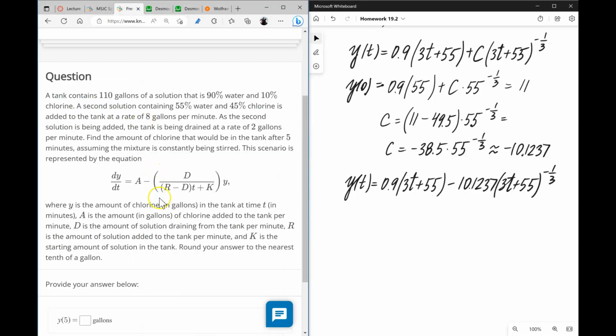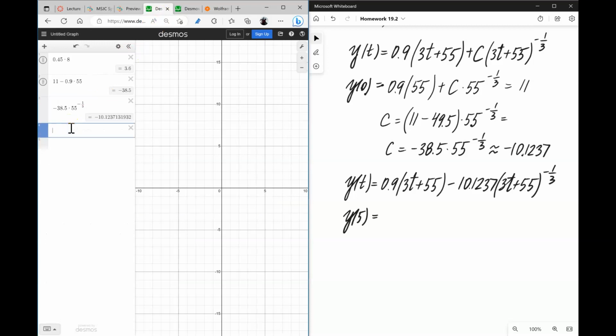And the question was asking to evaluate y of 5. So to find y of 5, we simply go and replace t with 5. But I have a better idea. We can just type this function here. I'll use x instead of t.